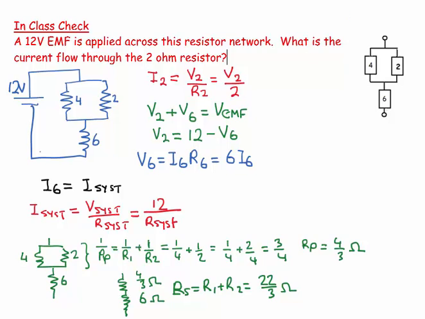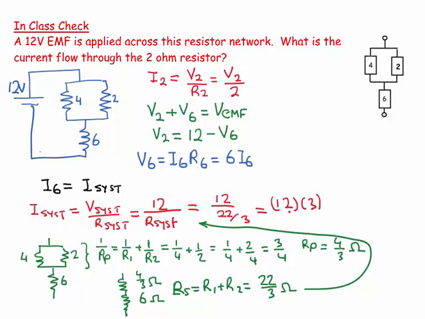So now we can just backtrack. We take this round to here and we say, okay, so this I system is equal to 12 over 22 over 3, which is the same as 12 times 3 over 22, which equals 36 over 22, which equals 18 over 11.